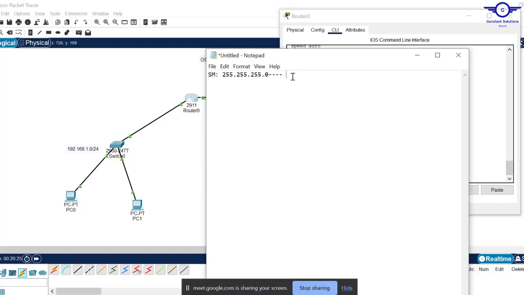Now wildcard mask, WM, will be the inverse of this. How do you calculate the inverse? Very simple. You take the full subnet mask, which is also the full 32-bit mask, 255.255.255.255, minus this.